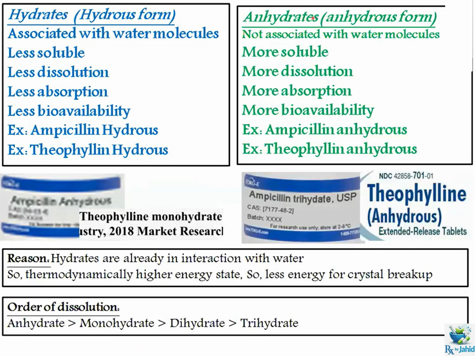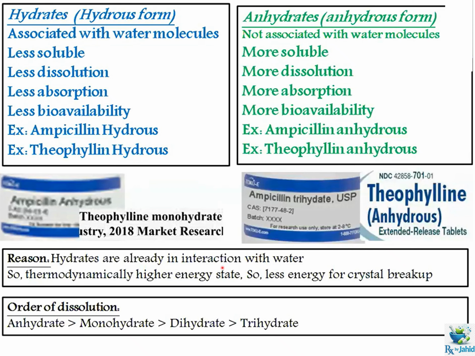As anhydrates have less water or no water, they have a greater chance to absorb more water. These are like dry soil. If you see dry silica or any dry soil, it will absorb water more, but in case of hydrate, these will not absorb like that. So hydrates have less solubility, less dissolution, less absorption, less bioavailability, but anhydrates have more solubility, more dissolution, more bioavailability.